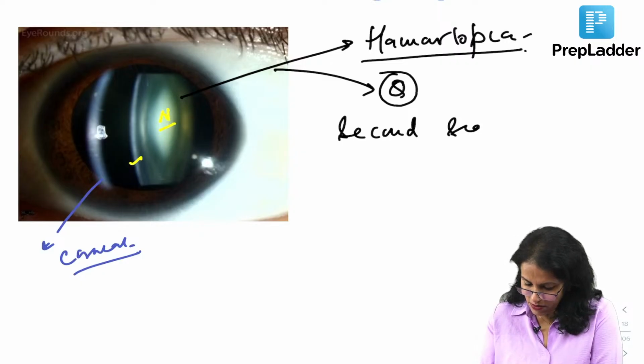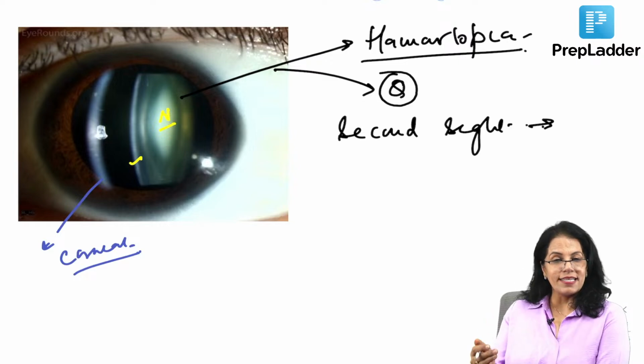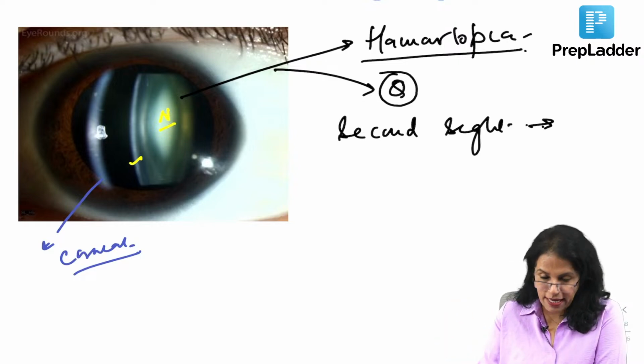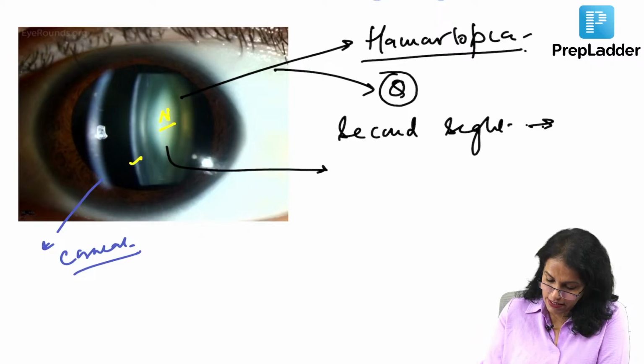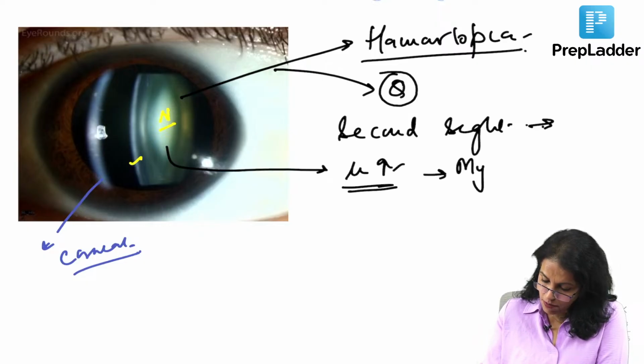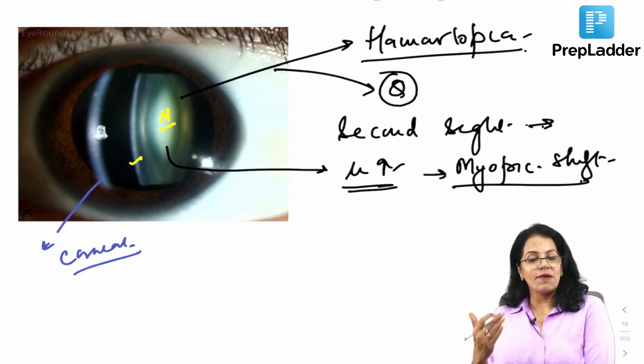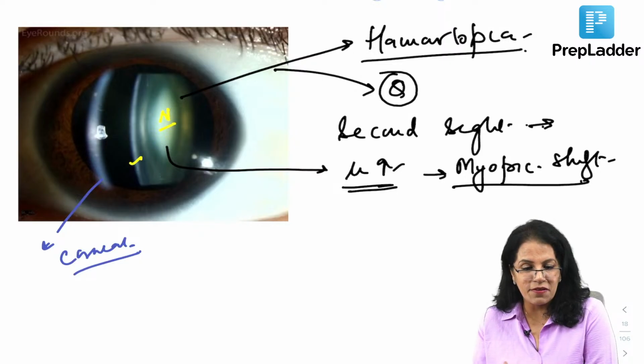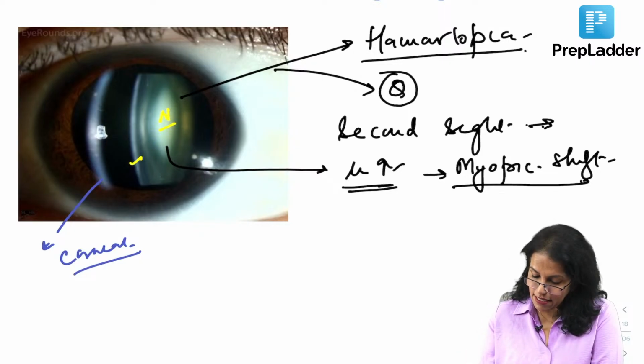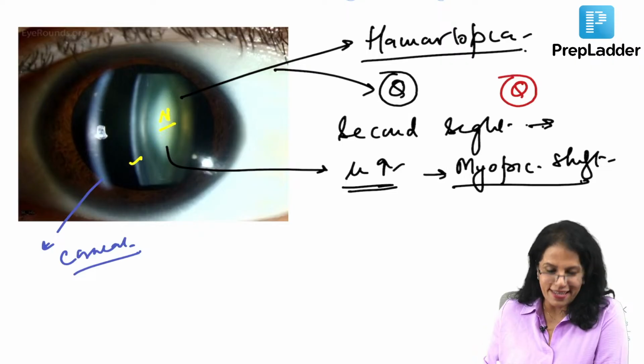So, when there is a nuclear cataract, what happens in an old patient? There is improvement in his presbyopic glasses. Why? We have learned this because the refractive index is increasing and this leads to myopic shift. Myopic shift means more power in the eye. More power means I need lesser power in my specs, isn't it? We have revised this so many times. This is another important exam question regarding nuclear cataract.